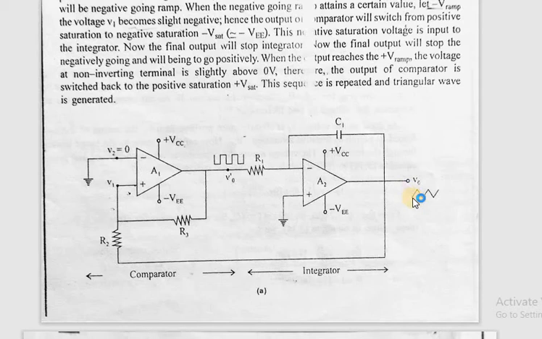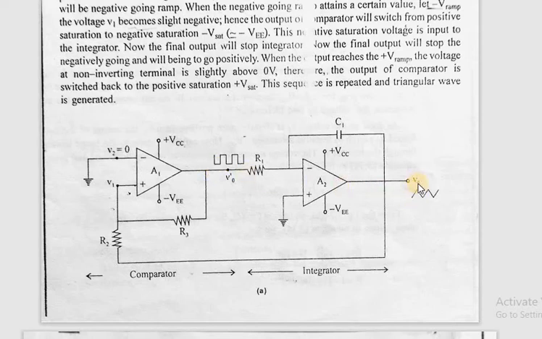At a point, this voltage V1 becomes slightly less than V2. At that position, according to the comparator principle, V2 takes over and the output becomes minus Vsat, and then it stabilizes.